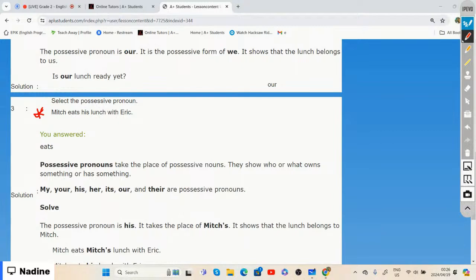Remember, our possessive pronouns are words like my, your, his, her, its, our, and their. These are possessive pronouns. So now it says Mitch eats his lunch with Eric.